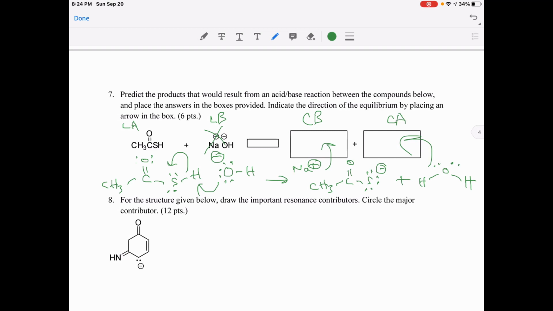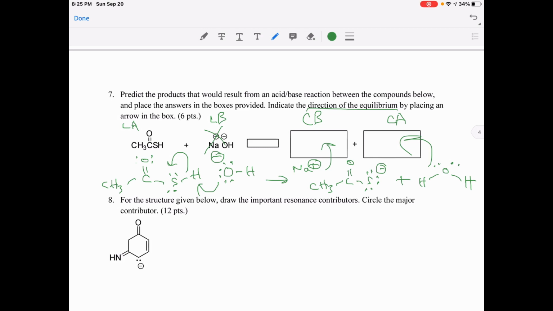So now the question is to indicate the direction of the equilibrium. And equilibrium always favors the weaker acid and the weaker base. In order to determine this direction, all we need is one piece of info.